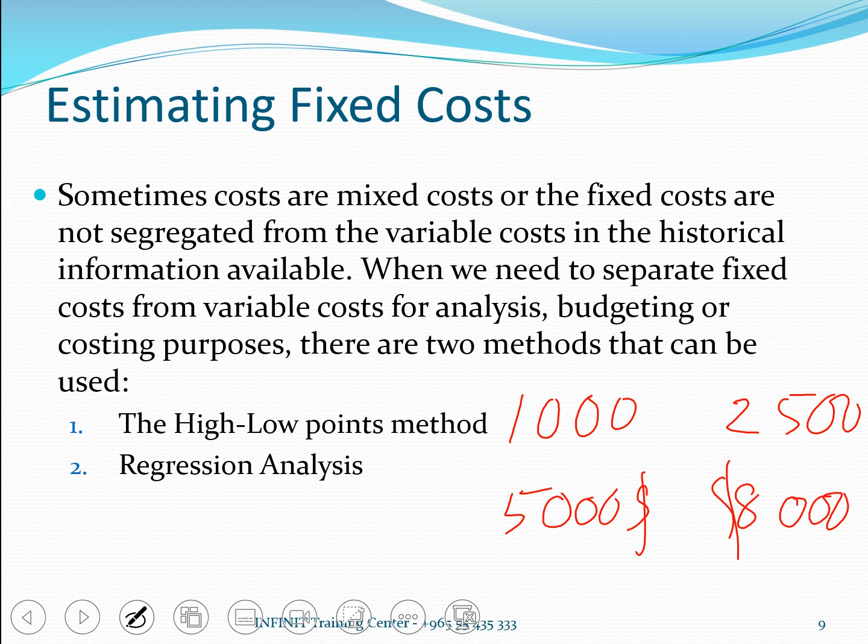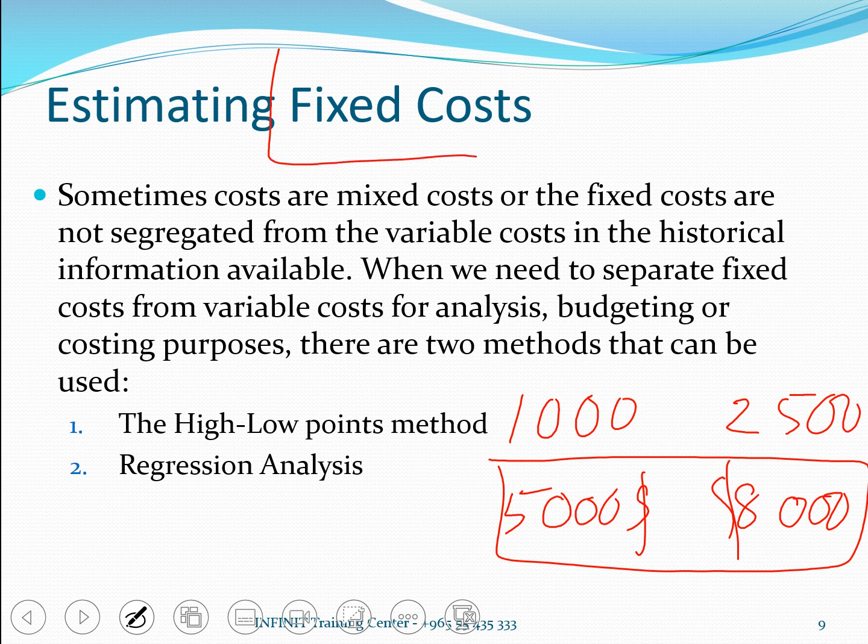When I produce 2500 units, my total cost is 8,000. So we are considering total cost here. So how will we find out what is variable cost in this and what is fixed cost in this? That is what we are discussing here, estimating the fixed cost.